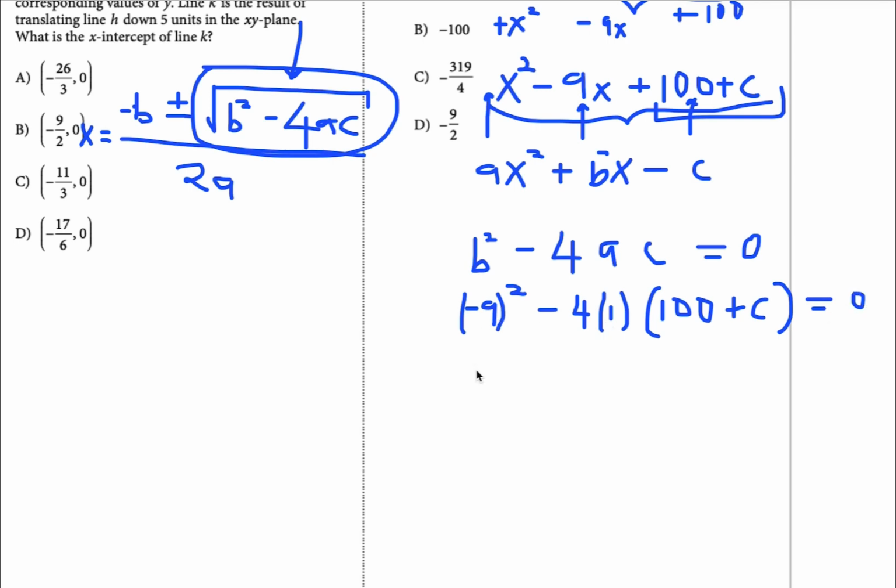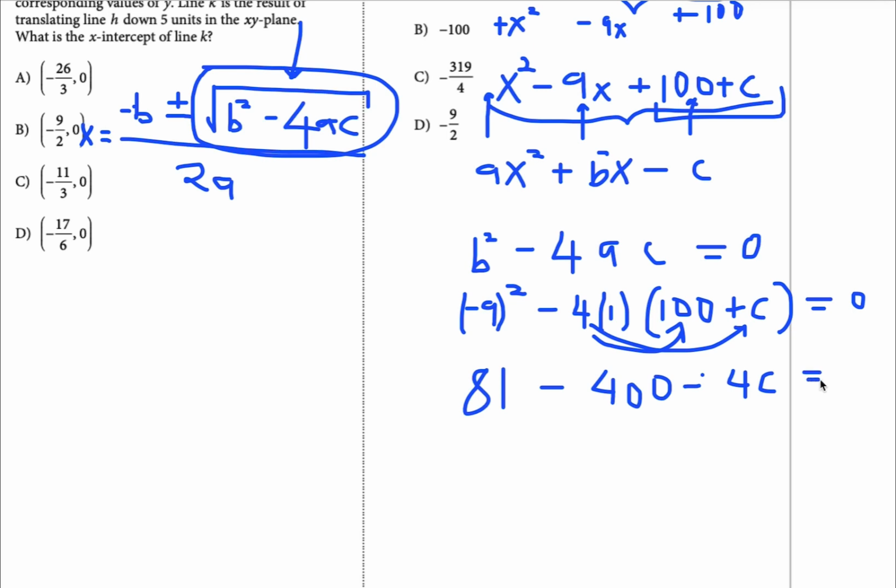So now we get 81 minus 400, because we take this 4 times 1, and we'll just ignore the 1. So we take this 4, multiply by 100, and then we take this same 4 and multiply by c, which will be negative 4c.